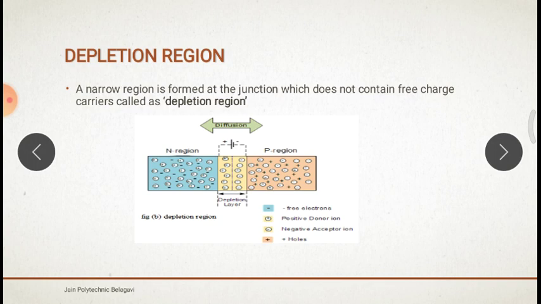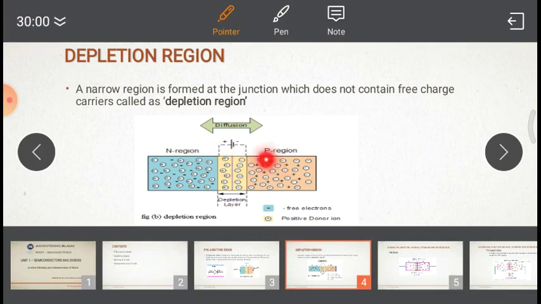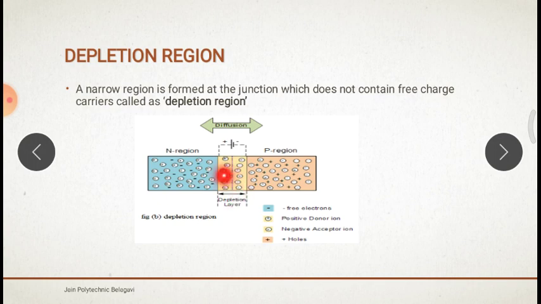What happens? These electrons try to recombine with the holes, and holes move towards the electrons to recombine. So at the junction, these electrons fill the holes by recombination. The atom that loses the electron becomes a positive ion. So this is a positive layer, that is, positive ions will be formed here.